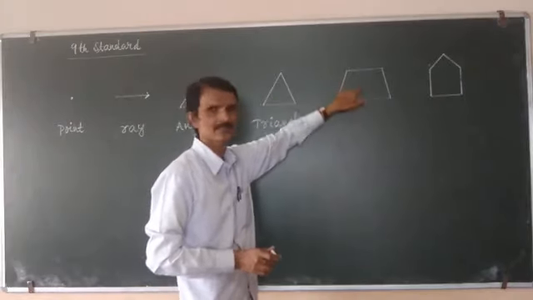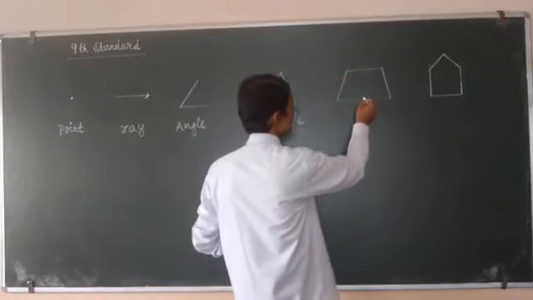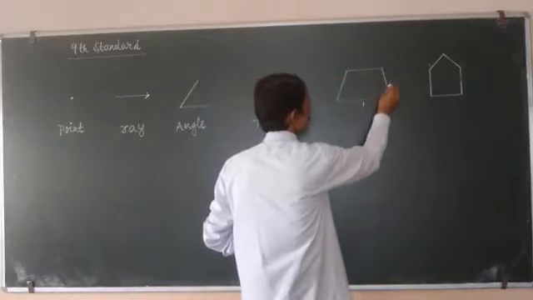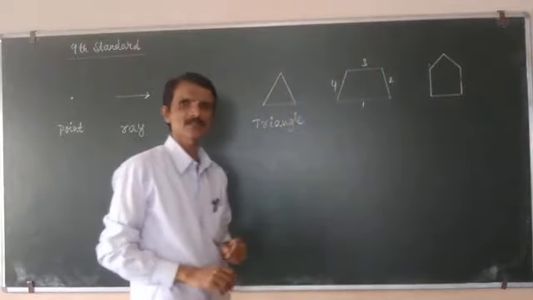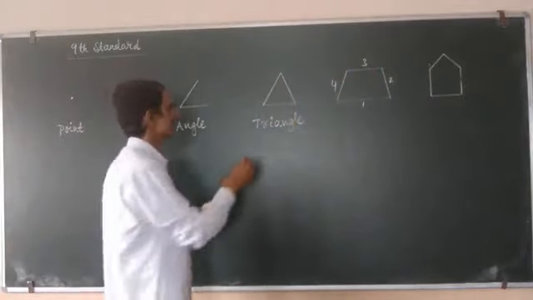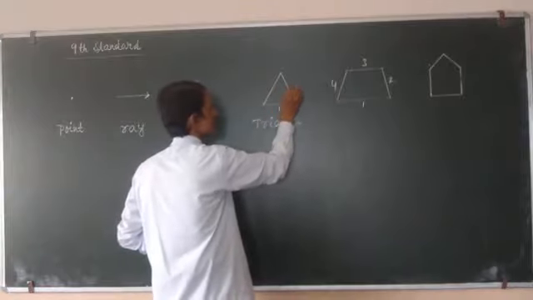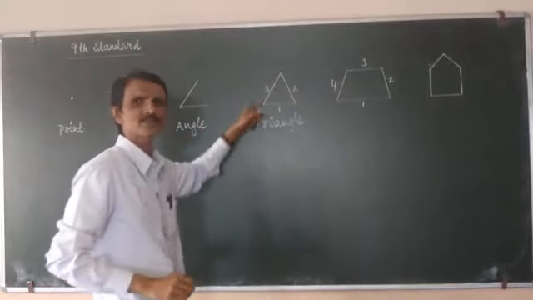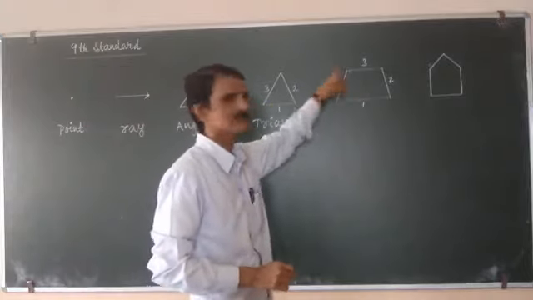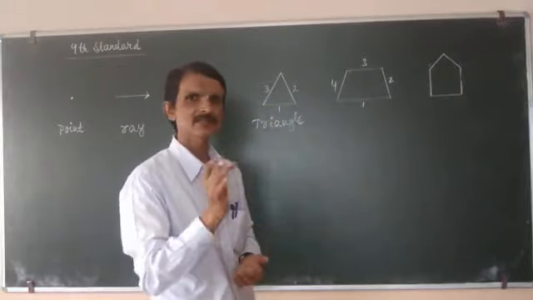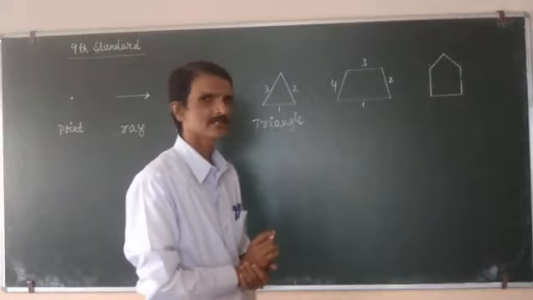If you observe this figure, it has four sides: 1, 2, 3, 4. If a plane figure consists of three sides, 1, 2, 3, it is called a triangle. Then what do you call a plane figure if it contains four sides?